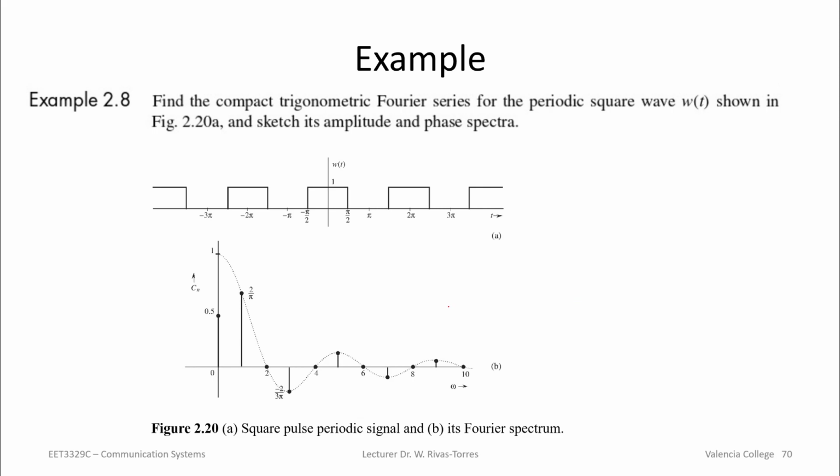And if you calculate the Fourier series, you're going to get something that looks like this, right? And you can see what the magnitude of the different, actually I shouldn't call it magnitude, call it amplitude.